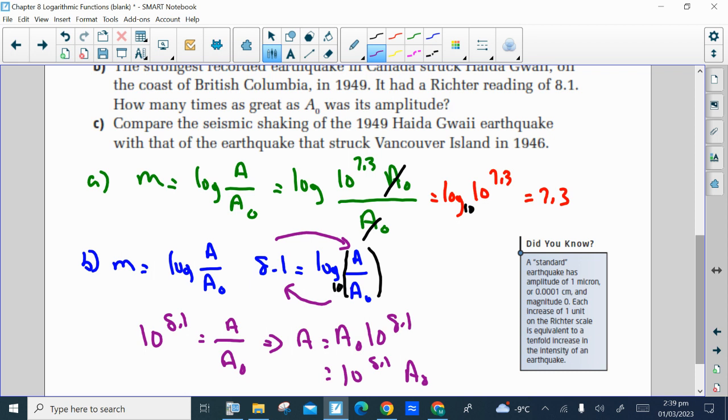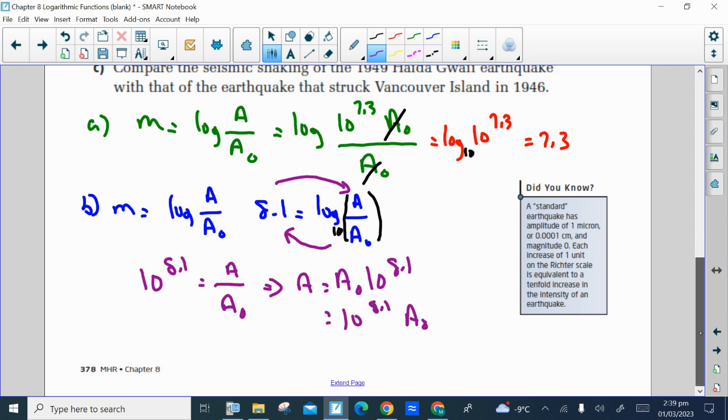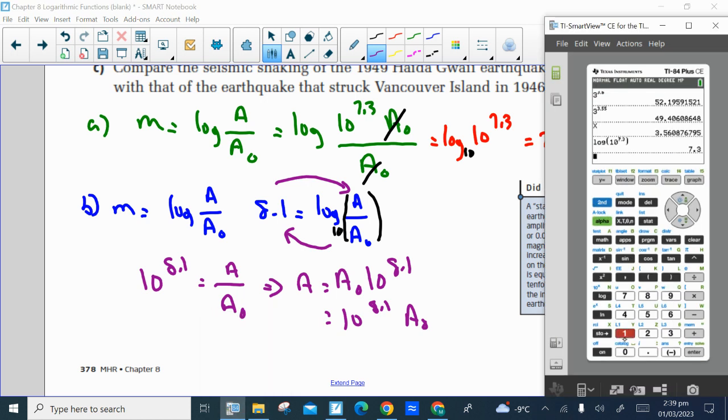Ten to the power 8.1 times as intense. That's right. So you could use your calculator to get that as an actual number. That's a pretty big number: 125,892,541 approximately.